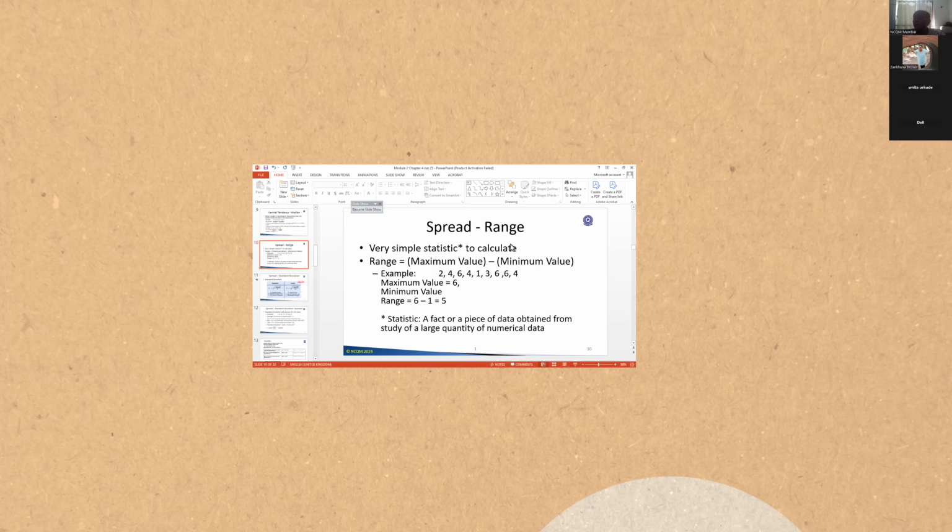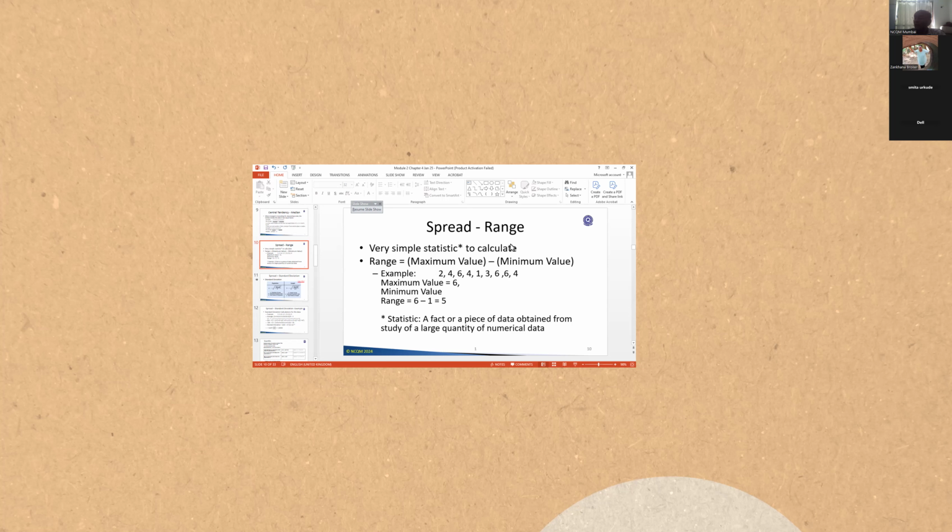So 36 divided by how many values are there? 2, 2, 4, 2, 4, 9, isn't it? There are 9 points. So what is the average? 36 by 9 equals 4. So x bar is 4 and n is 9.